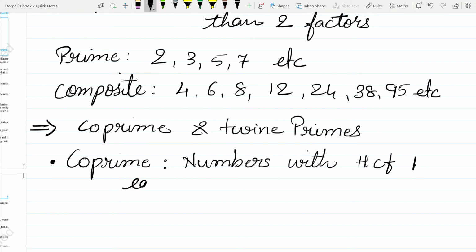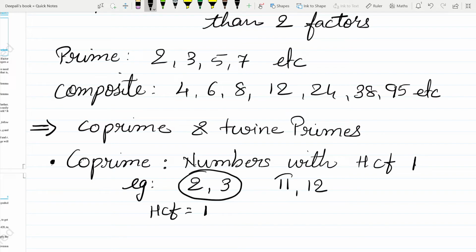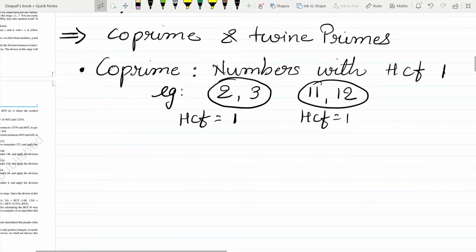Example, say 2 and 3, 11 and 12. If you try to understand, the HCF or highest common factor between these two numbers is 1. HCF between 11 and 12 is also 1. So any numbers which have HCF 1 are called coprimes.